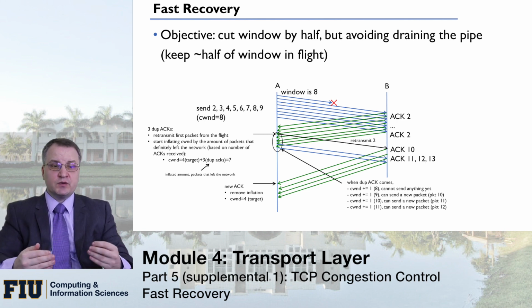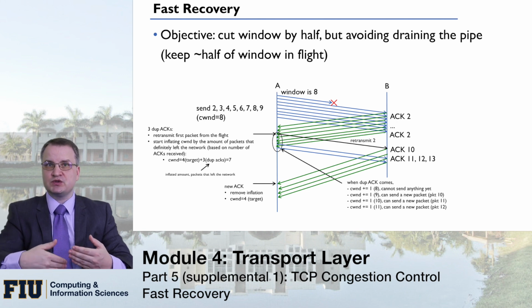The objective: when you detect loss using 3 duplicate acknowledgements, you want to decrease your congestion window in half, but still keep sending packets at half of the congestion window. It's actually a very interesting way to do it, because you send out a batch, for example in this case a batch of 8, and you have to know when exactly you're allowed to send more.